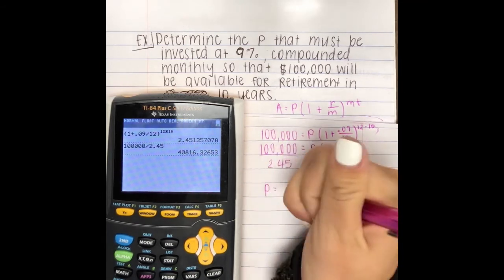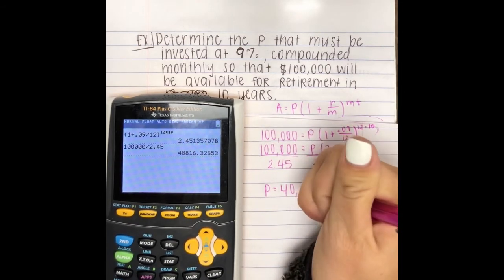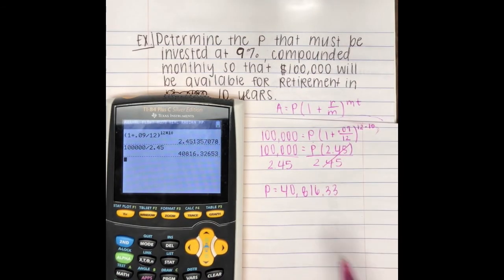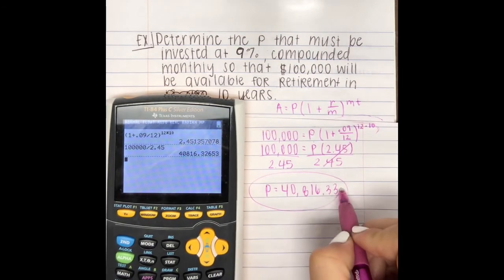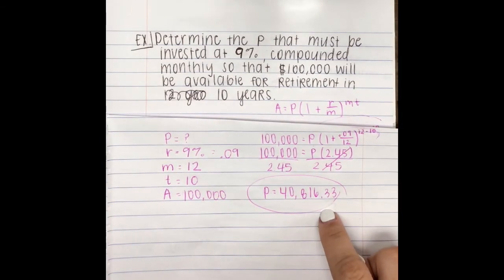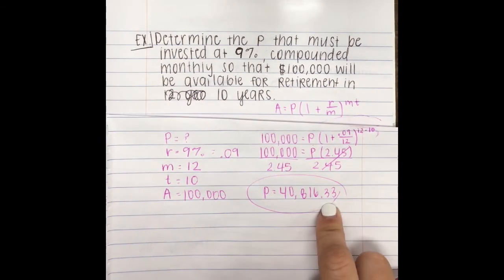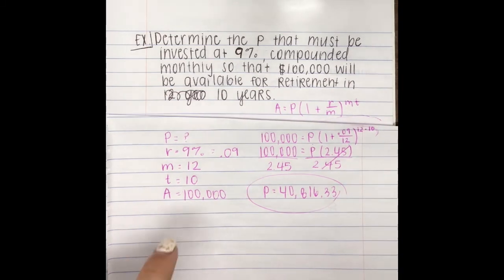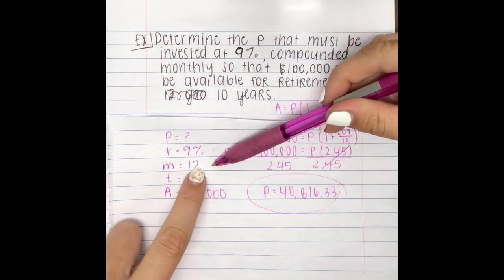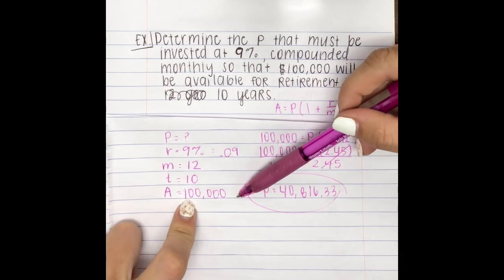So P equals $40,816.33. So this is the amount that they would have needed to invest. This would need to be their initial amount invested, so that after 10 years at a 9% interest rate, compounded monthly, they would end up with $100,000.